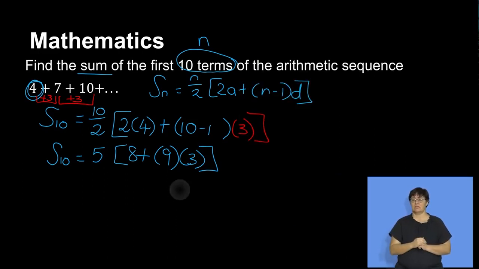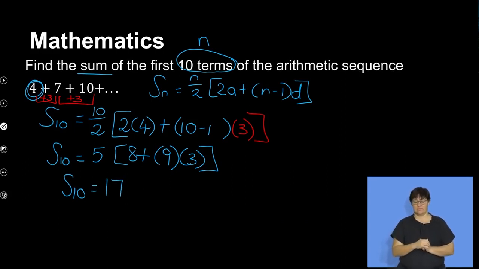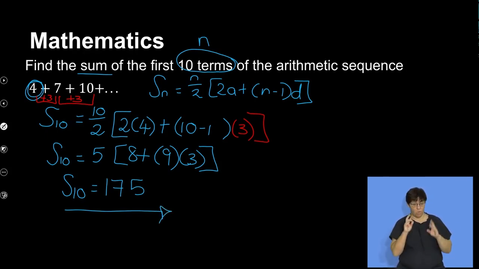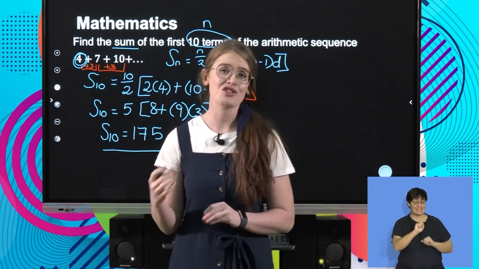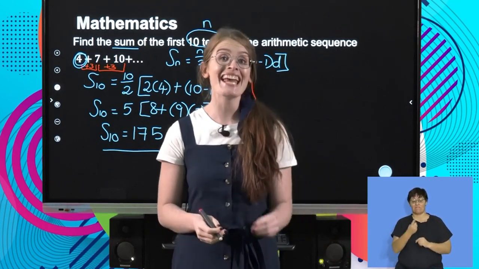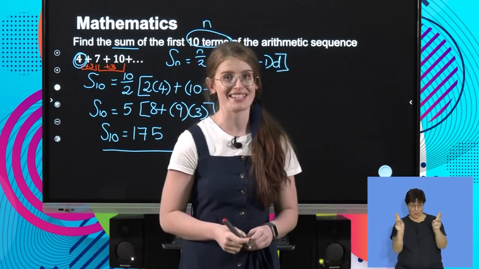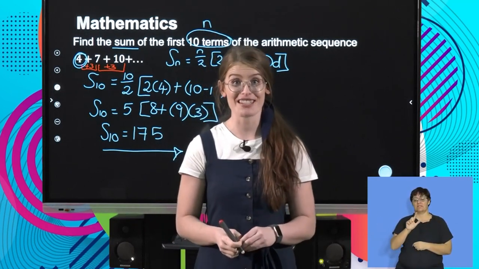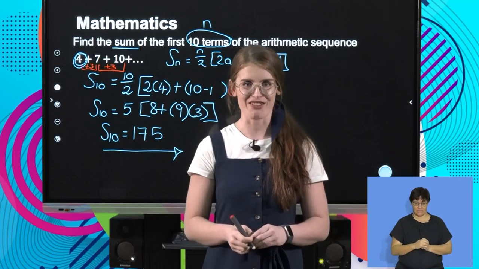So everybody, the sum of my first 10 terms of this particular series is 175. So everyone, I hope you're with me. S10 equals 175 means that if I add the first 10 terms of the sequence together, I'm going to have an answer of 175.